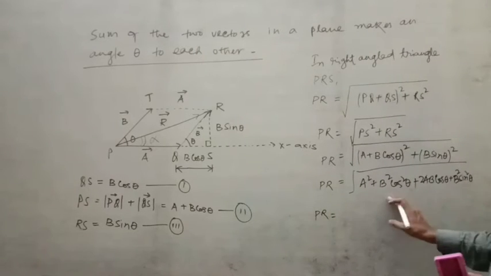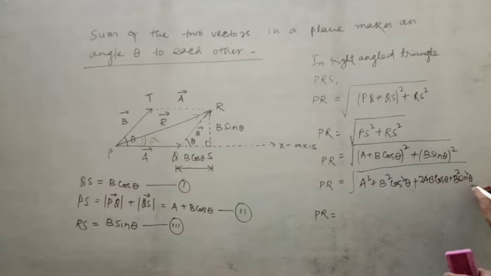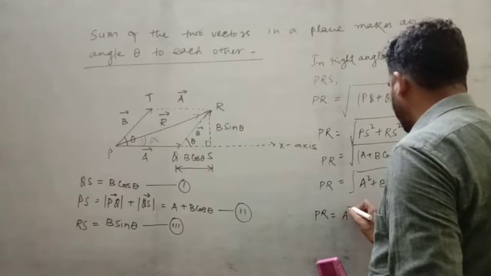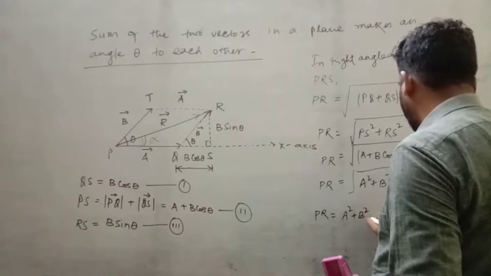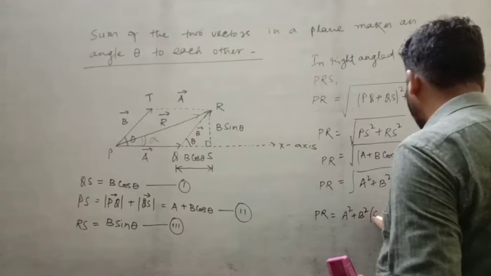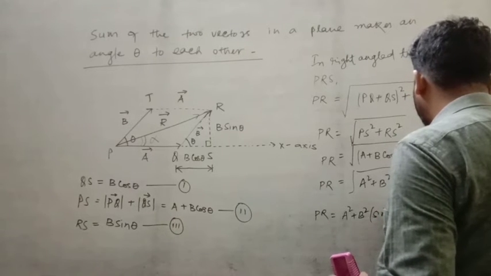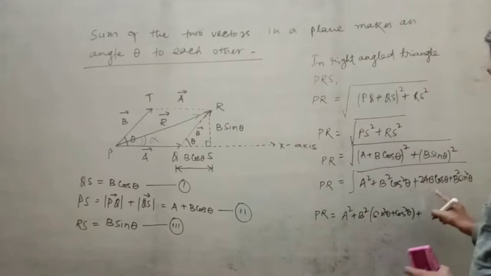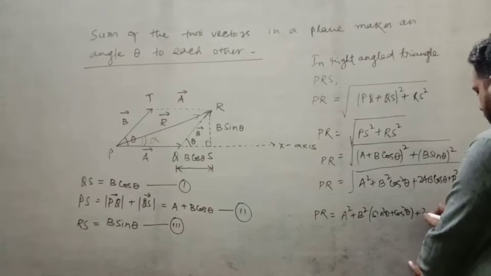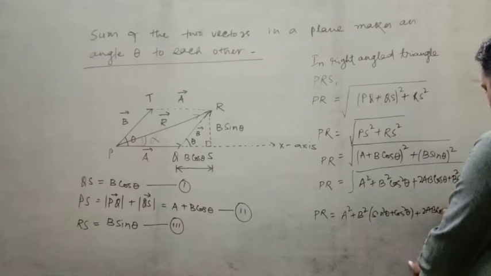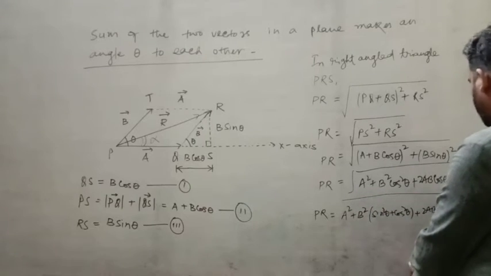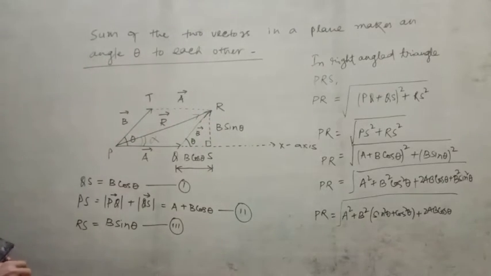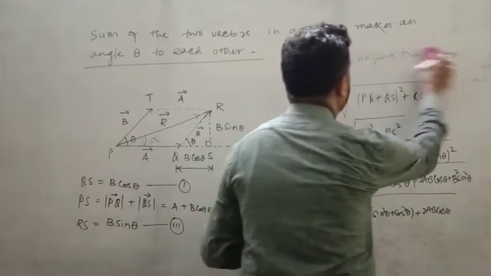After simplification, take B square outside: A square plus B square times (sin square theta plus cos square theta), plus 2AB cos theta. So from here, what you will get, I am just erasing from here.